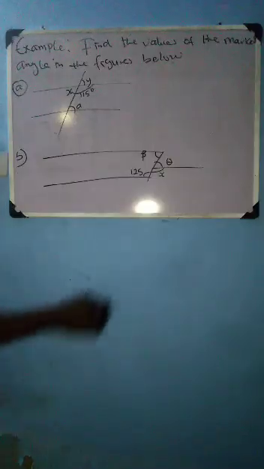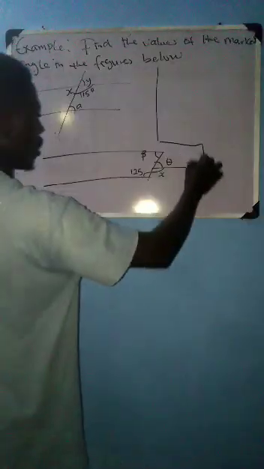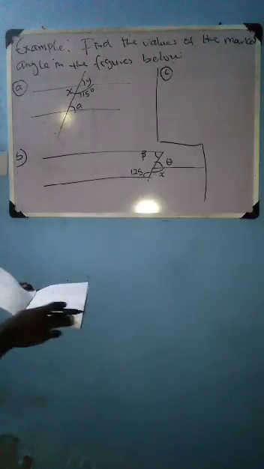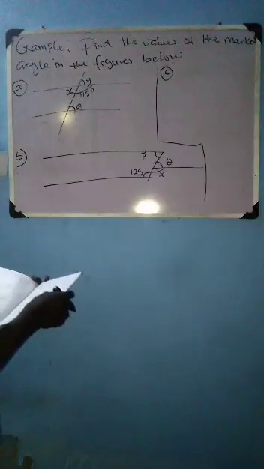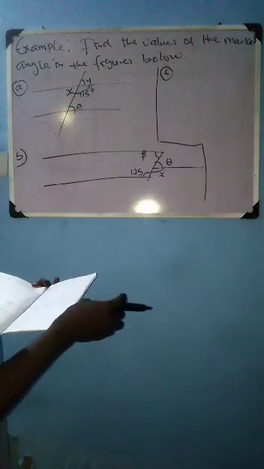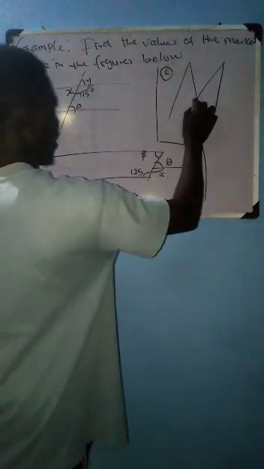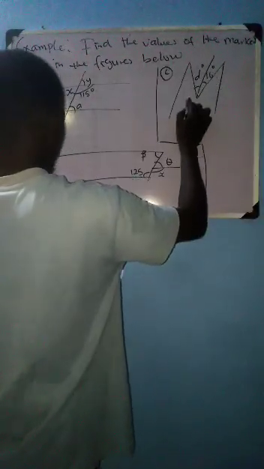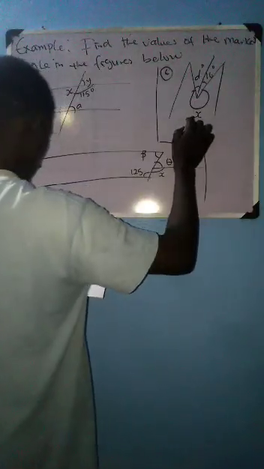We have beta. We're going to find those values that we are not seeing. You don't know them, they are marked. And C, we have 16 degree. We have D degree. And everything here is X.